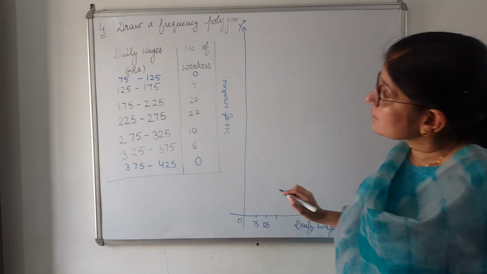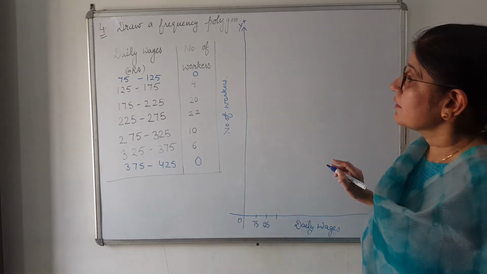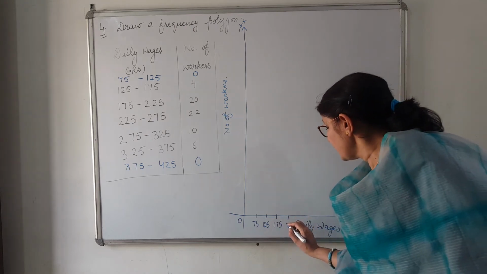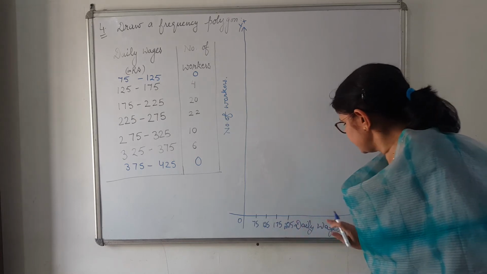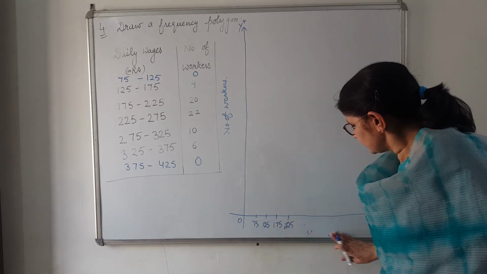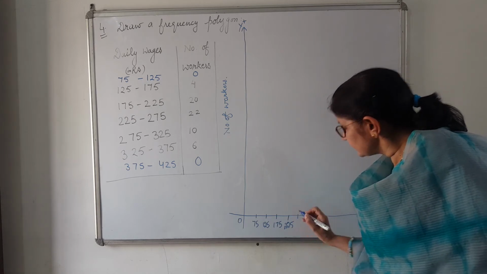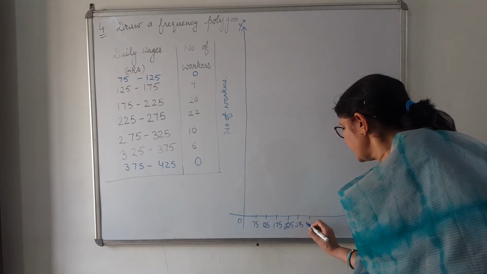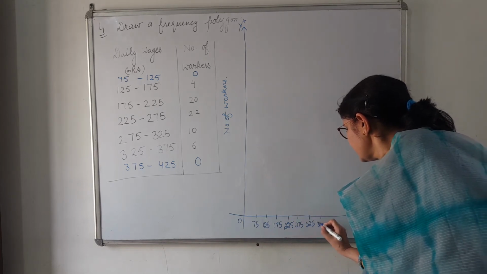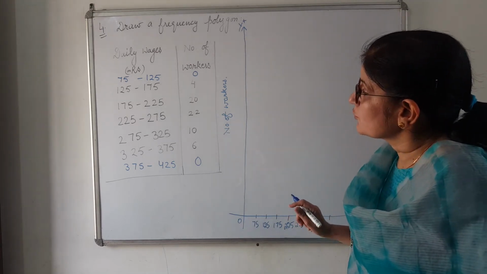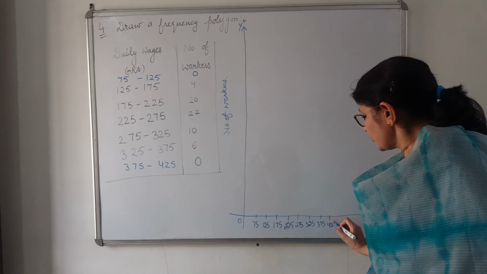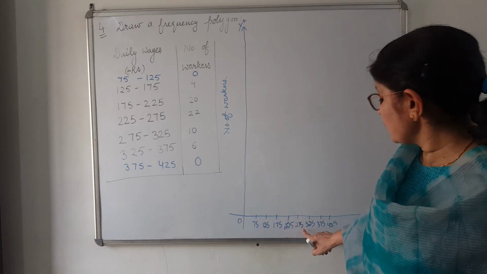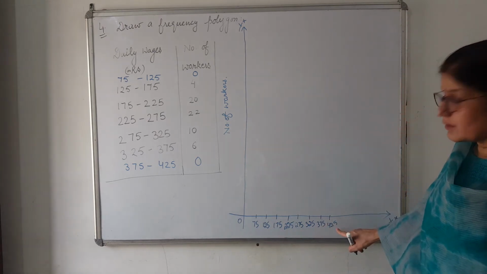Then next 175, 225, 275, 325, 375 and 425. So you mark 75, 125, 175, 225, 275, 325, 375 and 425.